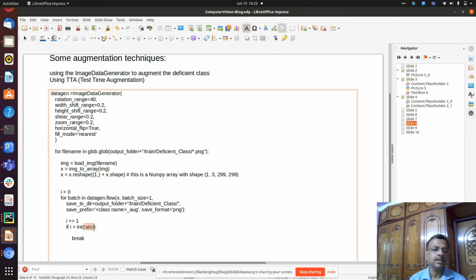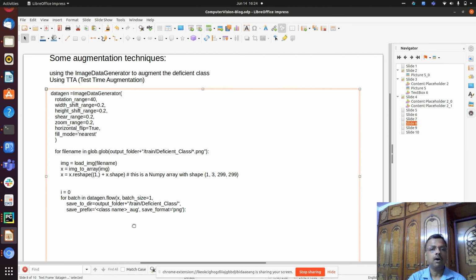So that is something we might want to do. As we keep on generating, we check that the ratio is becoming the same, and the imbalance in the data is being resolved, and then we can stop this process. So that is one type of augmentation.